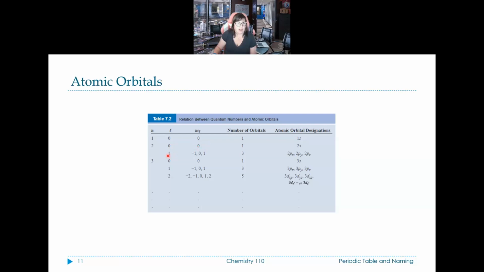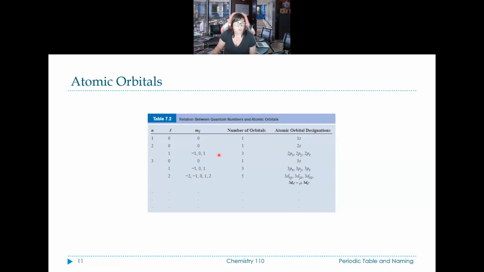For an L of 1, I have an ML of negative 1, 0, and 1. Since the L of 0 has only an ML of 0, there's only one of those orbitals, and that means it's spherical. We talked about that before. And that means it's a 2, since the principal quantum number is 2, and an s, since it's spherical.